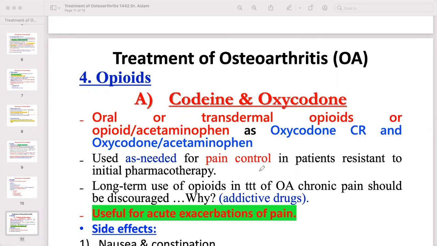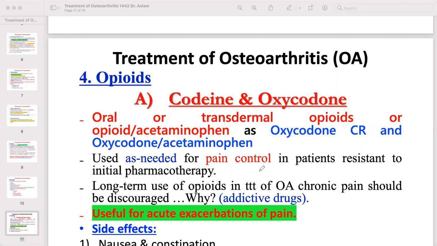If the pain and inflammation in osteoarthritis are not managed by acetaminophen, topical formulations, and topical plus oral non-steroidal anti-inflammatory drugs, then opioids should be used.